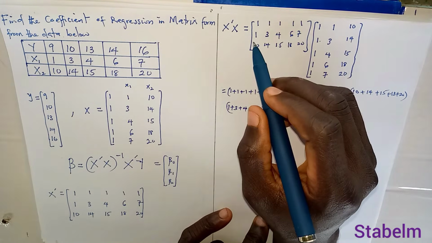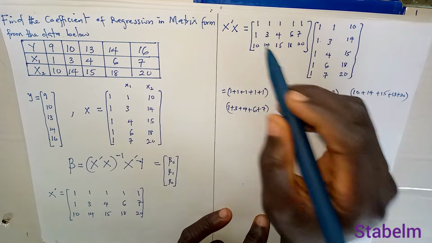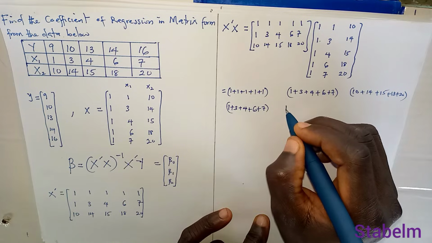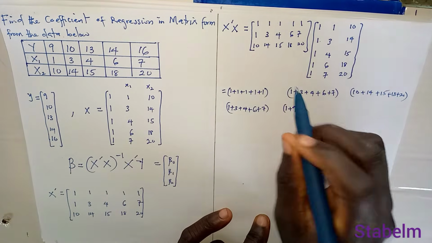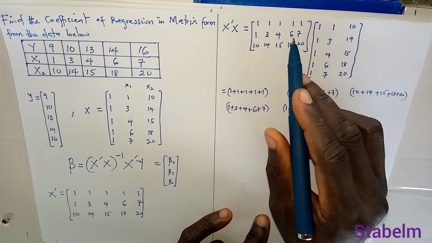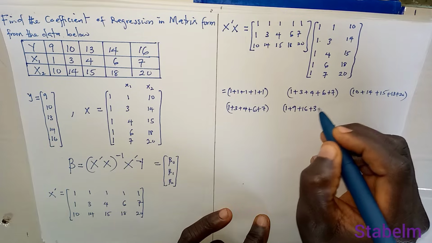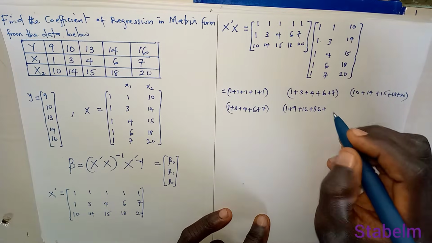Now we are using the same row to multiply this column, and how do we get here? 1 times 1, 1, plus 3 times 3, 9, plus 4 times 4, 16, plus 6 times 6, 36, plus 7 times 7, and that is 49.